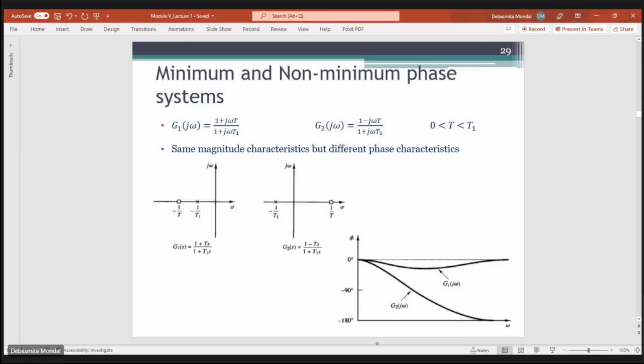But G2 is a non-minimum phase system, where you have a zero on the right half of the s-plane.